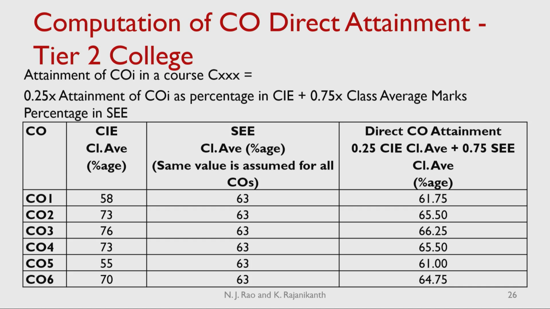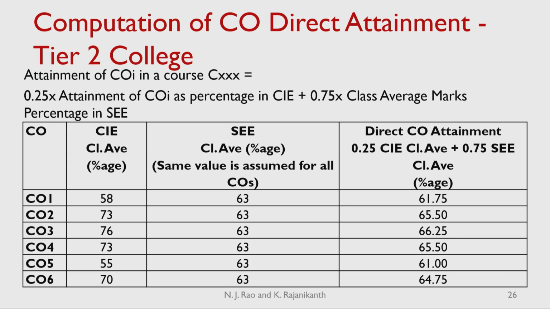This is actually the average performance of the students in the ACE. That means it is across all the COs. But because we do not have question-wise data, we are assuming that this value is same for all the COs. This is not a satisfactory solution, but at present there does not appear to be any alternative. So we use the same value of 63 for all the COs.